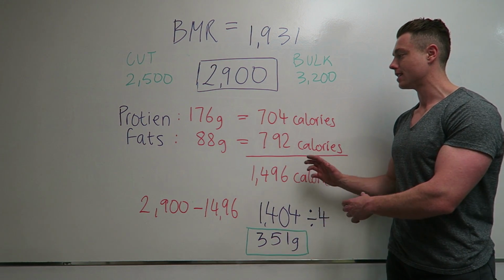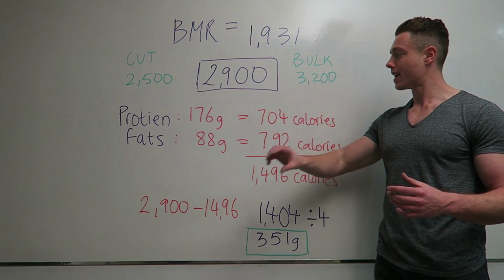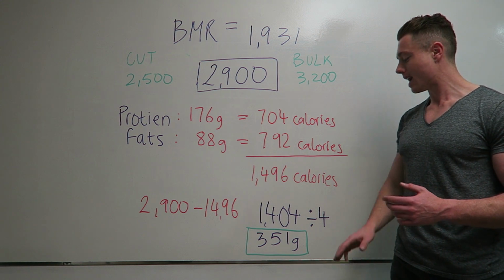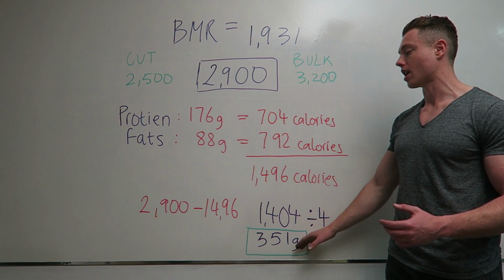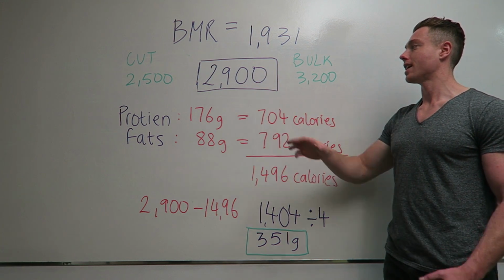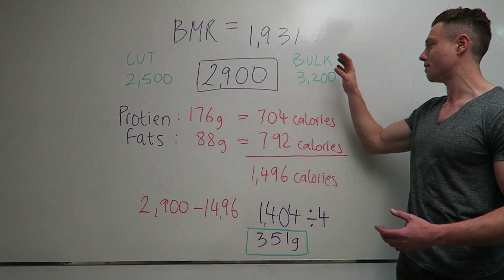It's kind of messy, but we can see that the total macros for the day are 176 grams of protein, 88 grams of fats, and 351 grams of carbs, and they all add up to give us 2,900 calories per day.